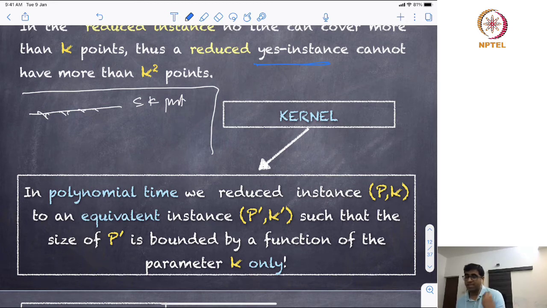But here we can say that if we cannot reduce the instance size, then I can at least guarantee you that the size of the instance is bounded by a function of the parameter k only. So, parameterized complexity allows you to say a third thing: yes, no, size is bounded.